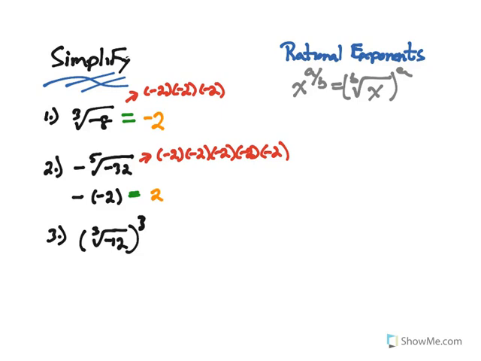If you take the cube root of negative 12, we're not going to get a perfect cube, so we're probably going to have to split this up into a product of 2 radical cubes, where one is a perfect cube.